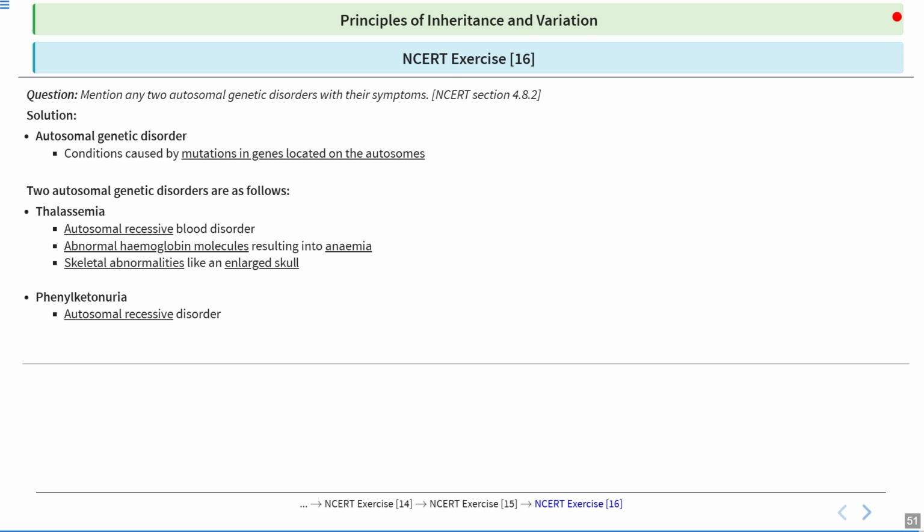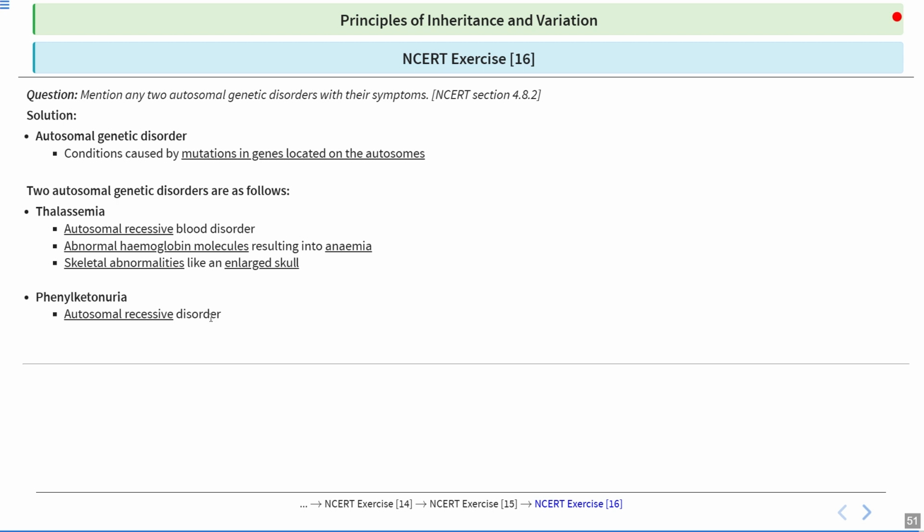Clear? In phenylketonuria, there is a mutation in a gene, and this gene codes for an enzyme, phenylalanine hydroxylase. Due to mutation, this enzyme is not being produced, or this enzyme is non-functional. What is the function of this enzyme?